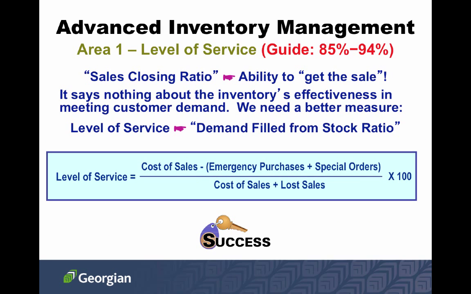Now, the sales closing ratio, and I've already started that discussion, is really about the ability to get the sale. In other words, the sales closing ratio probably says more about customers' patience in waiting for special orders to come in than it says about whether you stock the right part or your inventory's ability to meet customer demand.